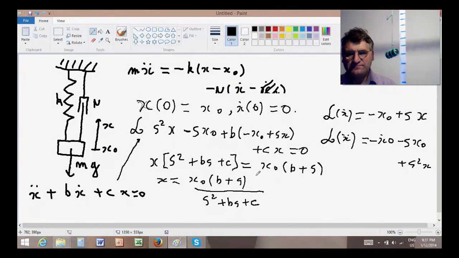Now, if we are to solve this equation, we see that we have a first order term on top and a second order term at the bottom.